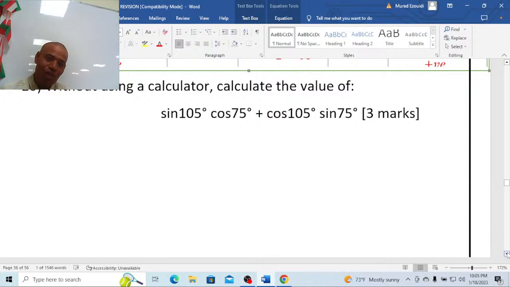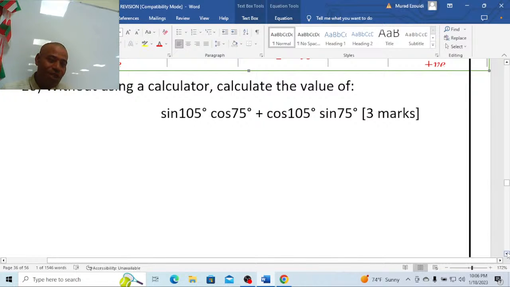So first of all, don't say that I will use a calculator here. It's impossible. The question is looking for your steps. That's why a calculator is not used in this question. You should put all your knowledge in mathematics, especially trigonometric functions, and you should find the value of this.